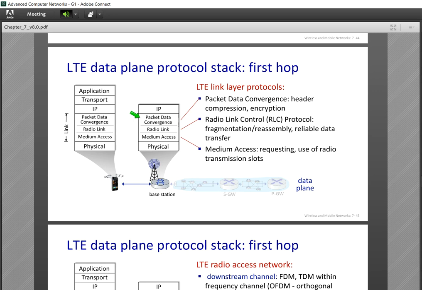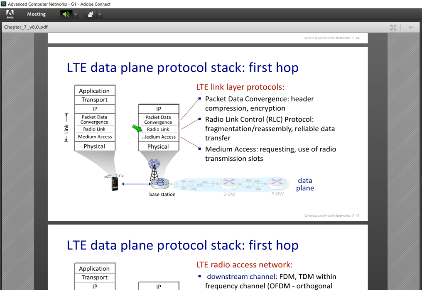Creating that frame is not easy. Please pay attention to this. Creating that data frame is not easy. Why? It's not an easy operation because we have to be clear about lots of information, and we should look at different aspects in this area. Why? Because it's a wireless link. The middle sublayer is the radio link.